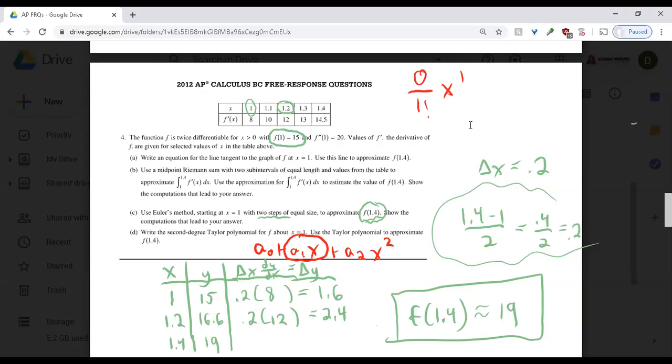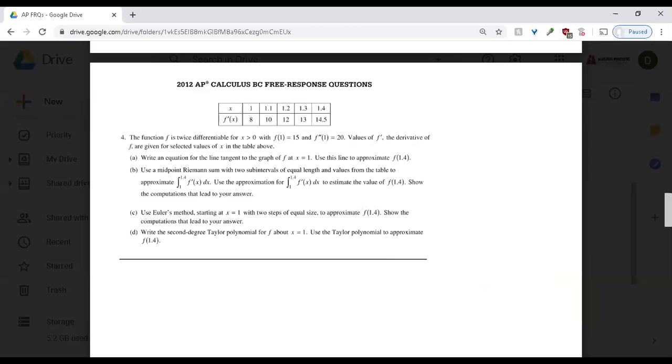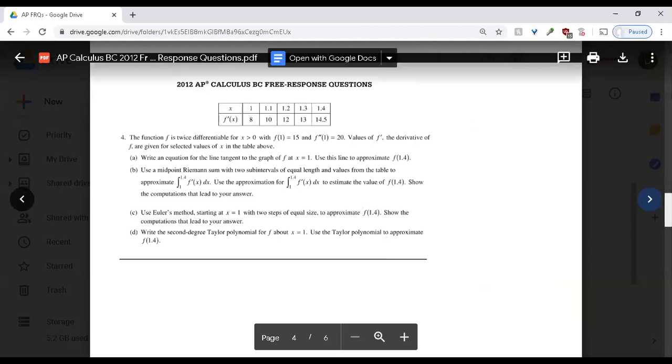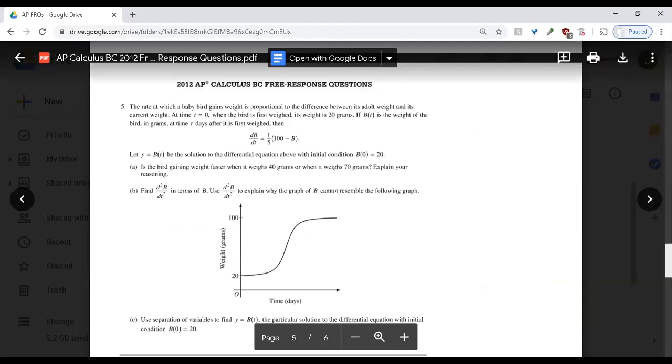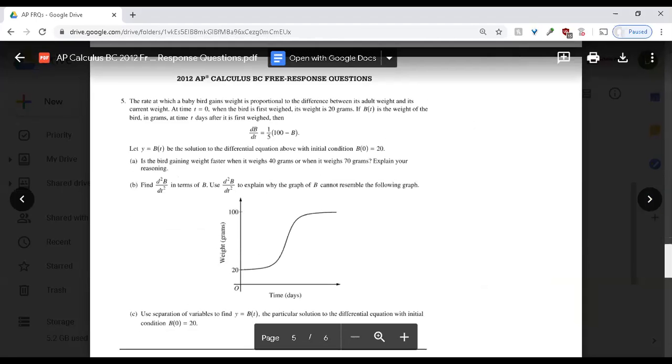Okay, so we're going to go to number 5 here. So logistic growth. In one of my posts previously, I said I wouldn't be surprised. I think this is actually the first one.